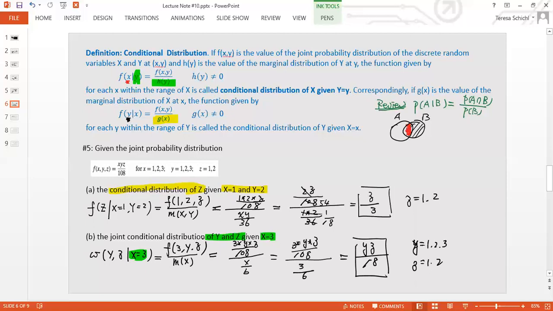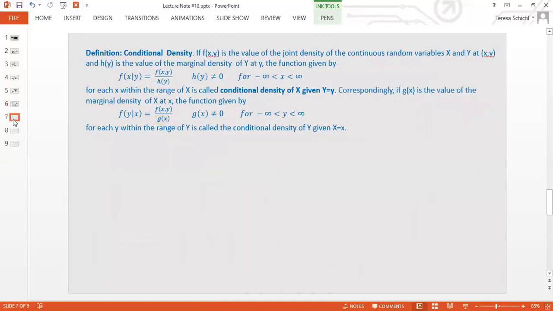We have to get those basic concepts done very well, like conditional, marginal, joint, because in the next chapter, when we talk about the expected value, we're going to go back to the same example and use the marginal to find the expected value. So those are very, very fundamental. We have to know them very well. And I don't think it's hard because for the conditional, we just go back to our probability definition from before.